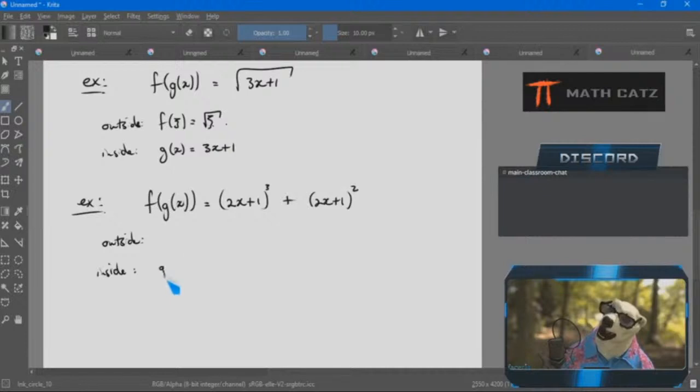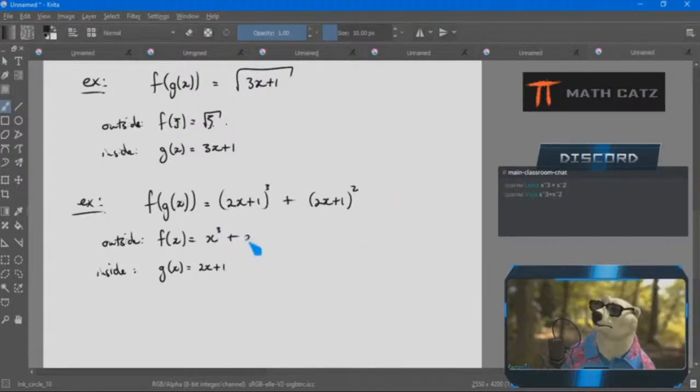I think I see the same thing in the brackets. I'm going to try a 2x plus 1. That's okay. You can have a little guessing. The more you do it, the more experience you're going to have and the safer your guesses are going to be. Once I have settled on an inside function, what should the outside function be that has to go with it in order to produce my given function?